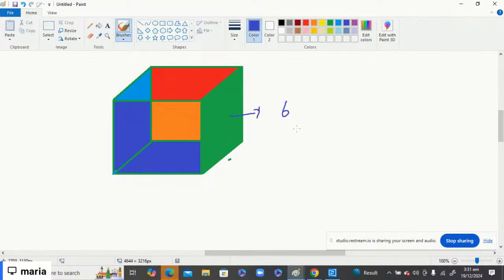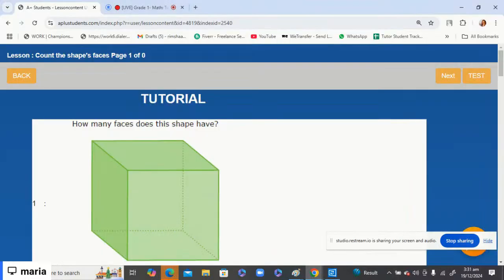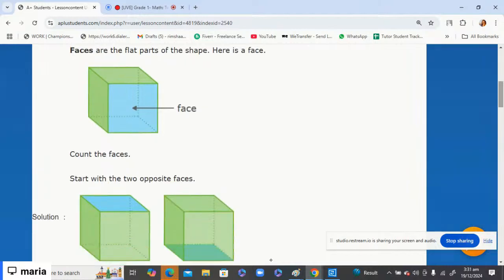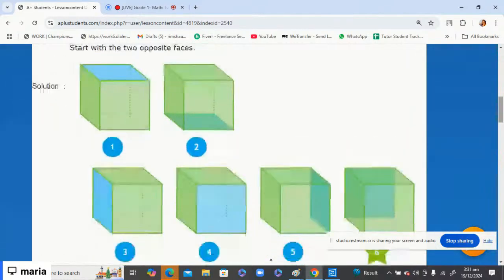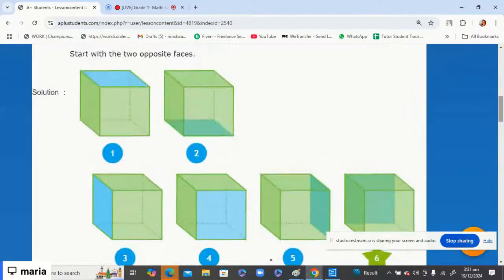Okay, how many total shapes? These are six. I already told you how to. It's a 3D shape, so you are not able to understand it properly when you just see the block this way, and then in this way you're going to check it out. Look at here. First on the top, then on the bottom. Then the left side, front side, right side, and back side.